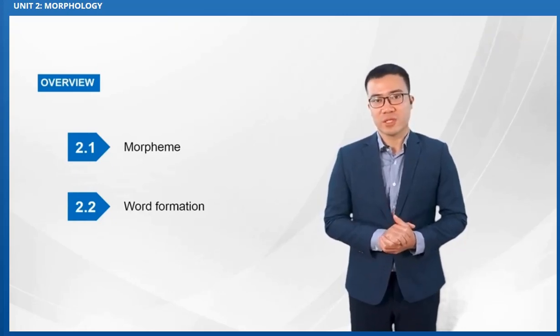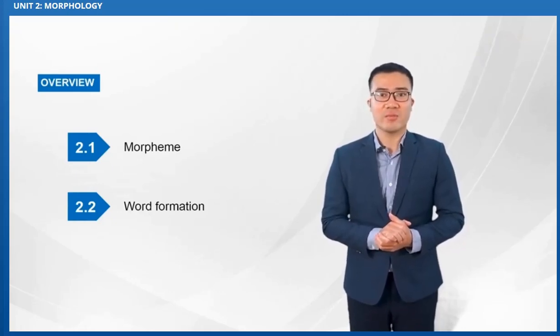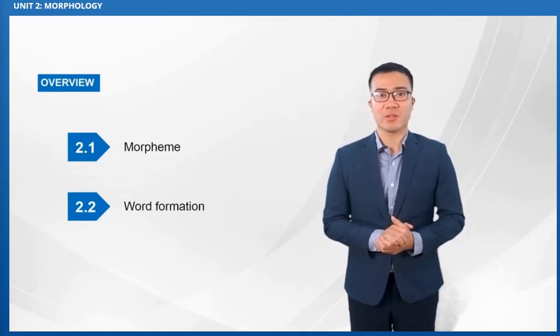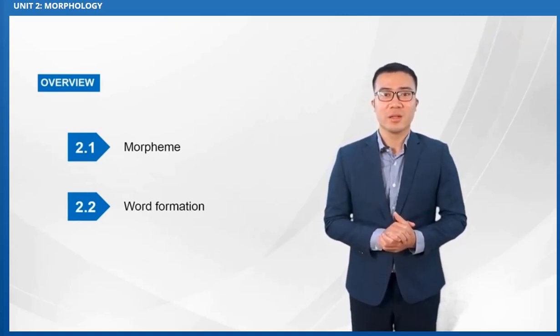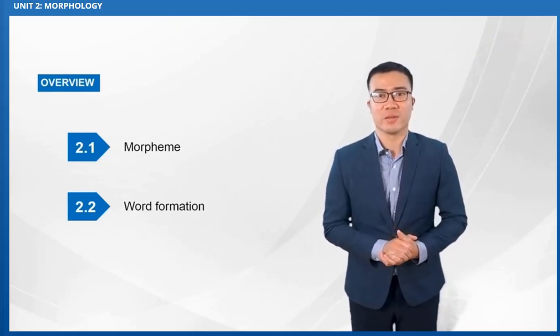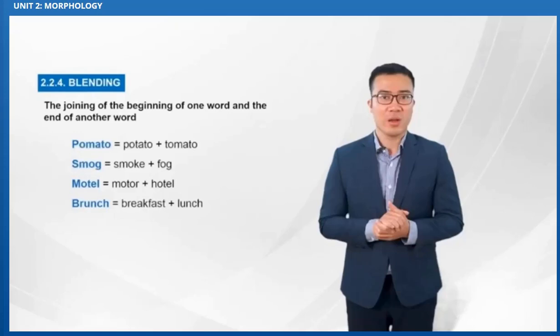Regarding word formation processes, we'll have a look at 9 processes: coinage, borrowing, compounding, blending, clipping, back formation, conversion, acronyms, and derivation. In the first part about morpheme, we'll define a morpheme and understand its types.